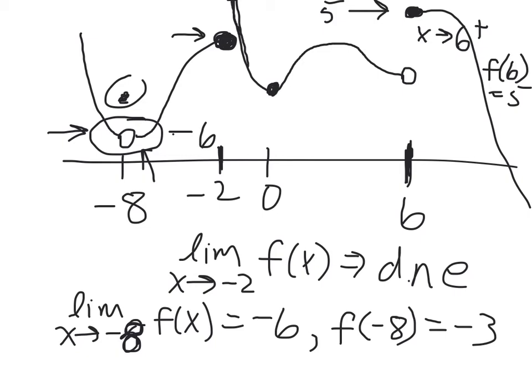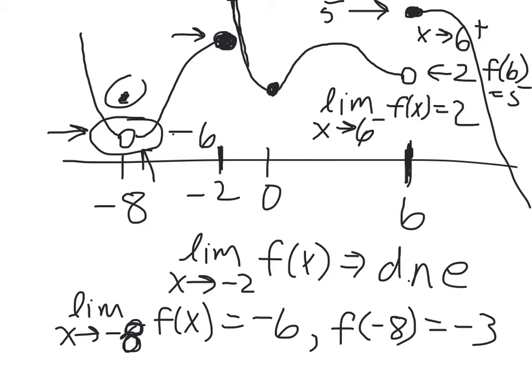But what about the left? From the left, it is approaching a value. It's an open circle, but that's okay with limits. This limit, as x approaches 6 from the left, looking at the graph, is at the y value of 2.